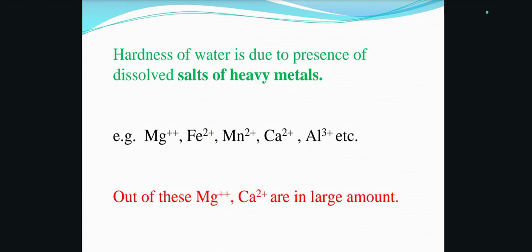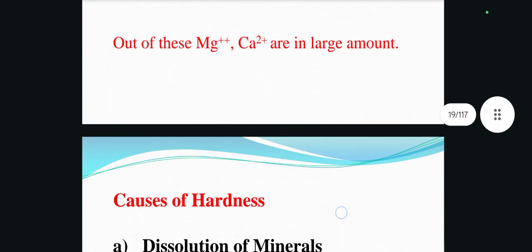These are the heavy metal cations produced by the salts, and out of that Mg2+ and Ca2+ are present in large amount. So mostly which type of metal cations are responsible to make water hard? Mg2+ and Ca2+, because these types of cations are present in large amount.